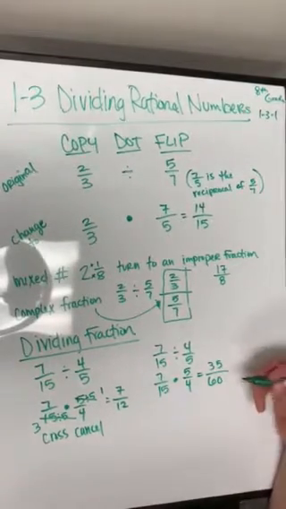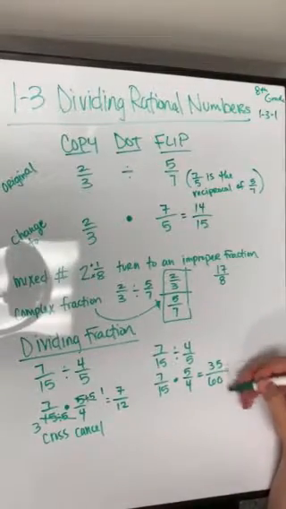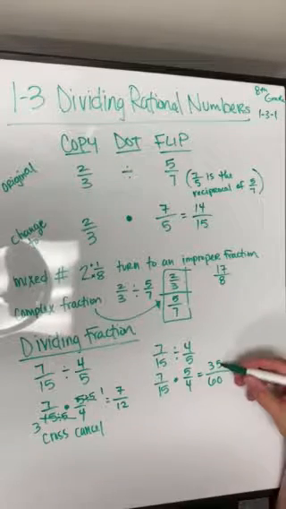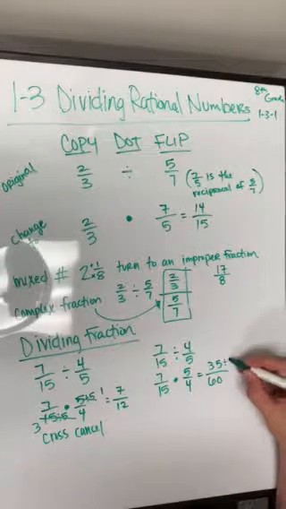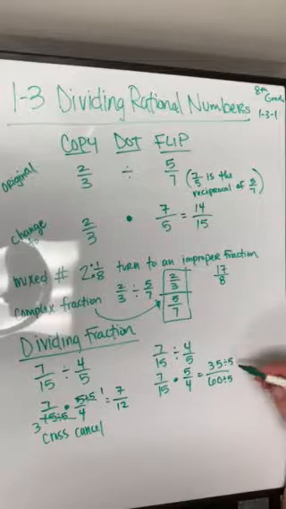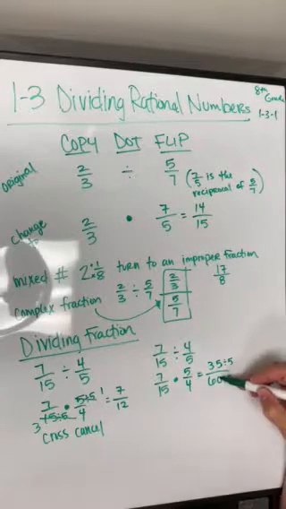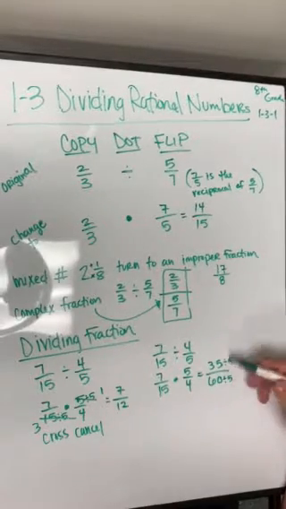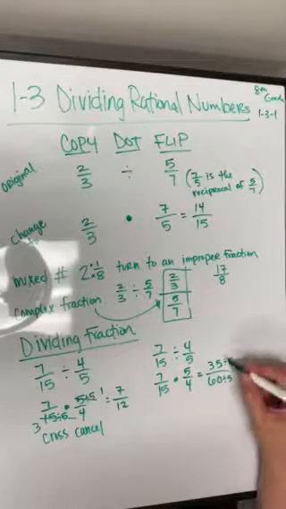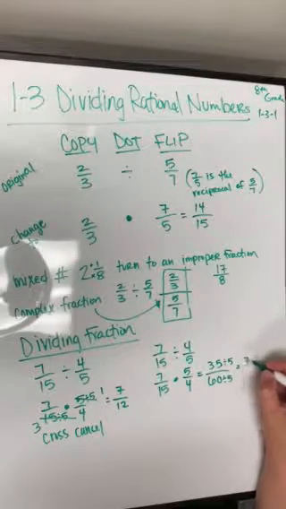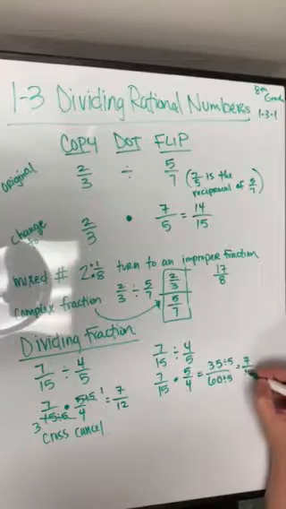And now right here I see, okay, I can simplify this. I know that 35 and 60 are both divisible by 5 because one ends in a 5 and one ends in a 0. And so I can see that 5 can go into both of them. 35 divided by 5 gives me 7. 60 divided by 5 is 12.